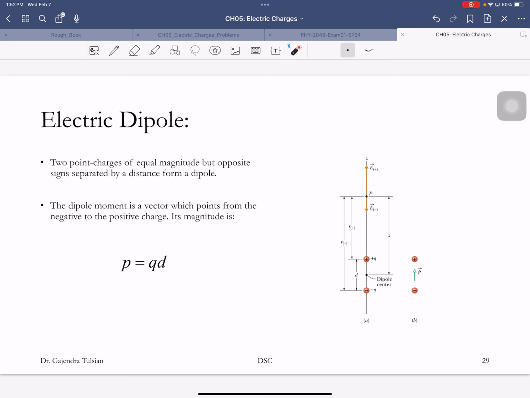So the dipole moment of all atoms is zero, so why are we talking about this stuff? Why bother talking about it?